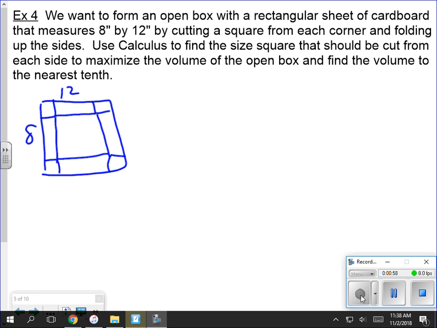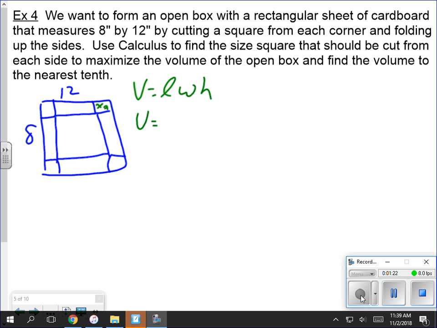What's my maximum volume by cutting out equal amounts on each side? If I have my box, what is the length of the square that will give me my maximum volume? Well, volume is length times width times height, and I need to do that in one variable.